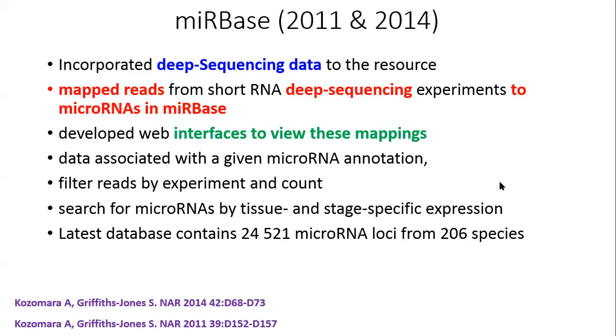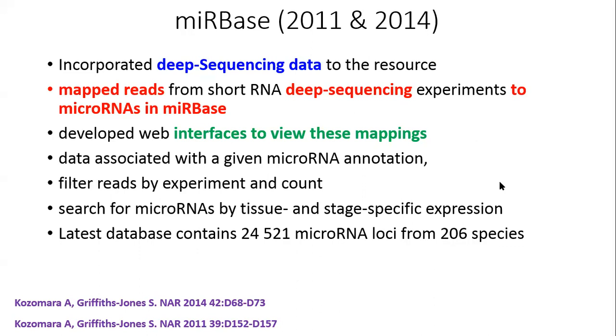In order to make this data accessible, they developed a new web interface to view these mappings. The data was also associated with the given microRNA annotation if there is any. Filtering reads by experiment and counts were made available. Search for microRNAs by tissue and stage specific expression was also enabled in these revisions.